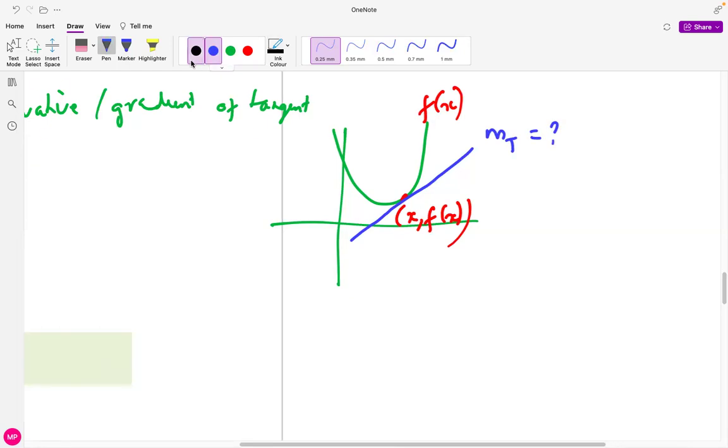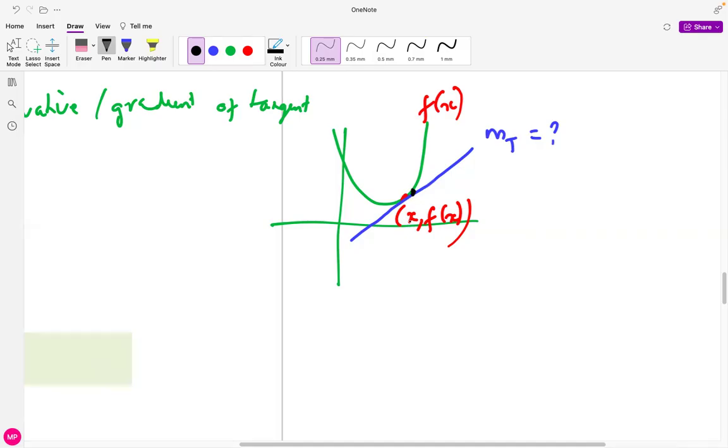Now, the original idea is to think about a point that is very close to this point, but also lies on the line y equals f of x. So think about a point very close to that, something like that. You can see there's a gap between the red point and the black point, and let's call that gap h.